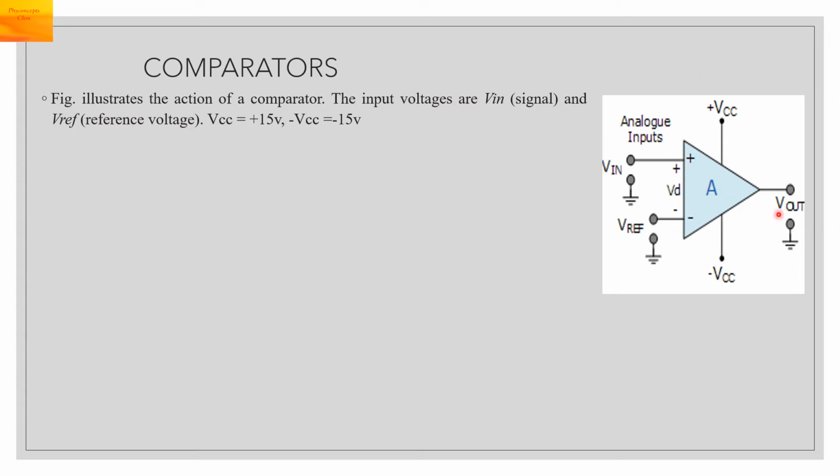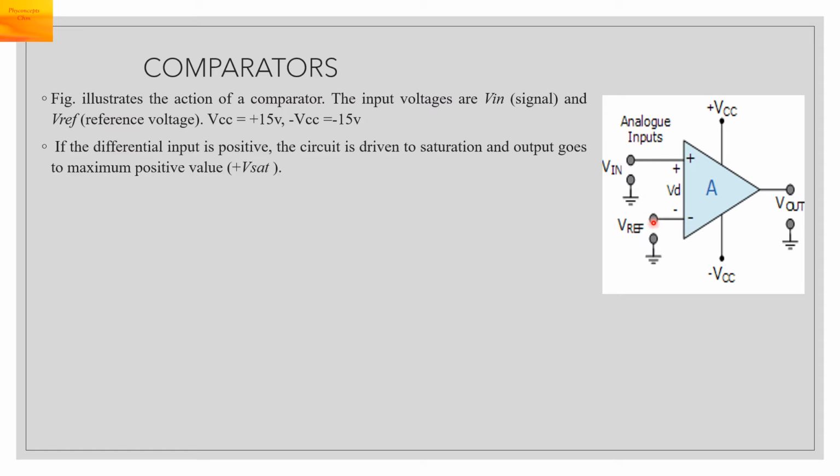This figure shows the action of a comparator. The input voltages are Vin, that is a signal which we want to compare, and Vref, that is a reference voltage. You will compare Vin with Vref. If the differential input is positive, the circuit is driven to saturation and the output goes to maximum positive value, which we will denote as plus Vsat.